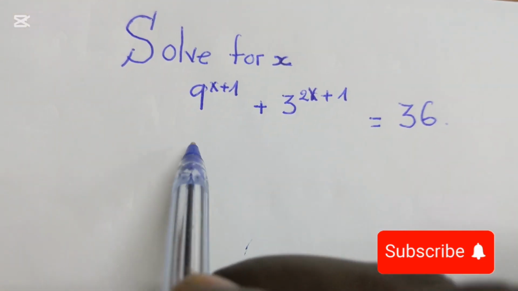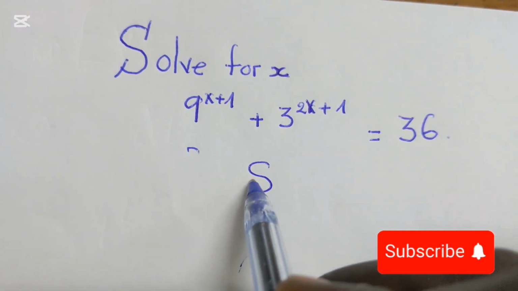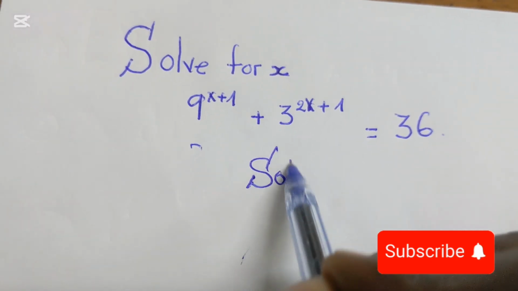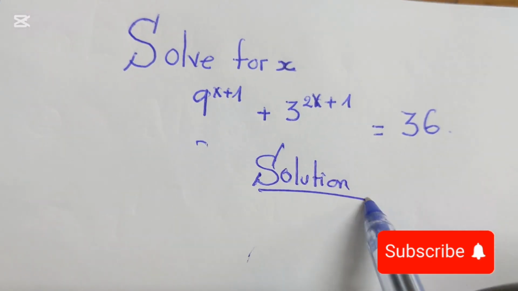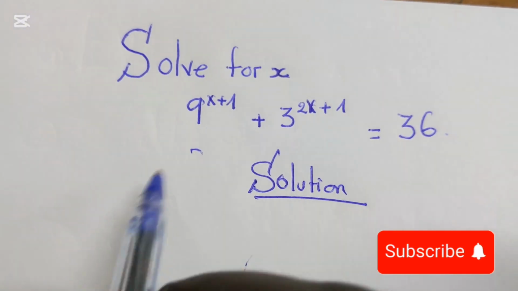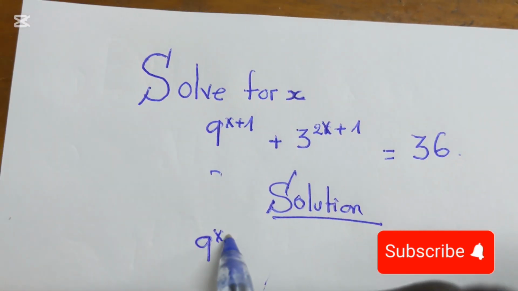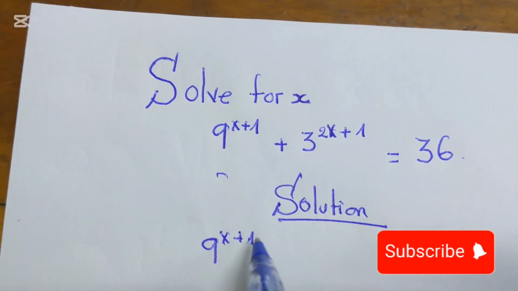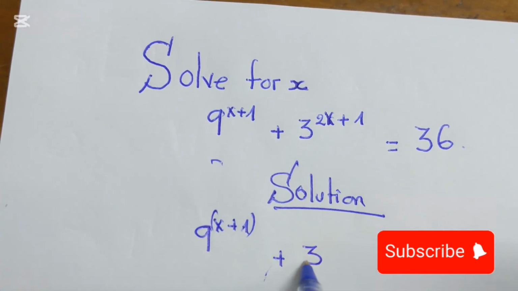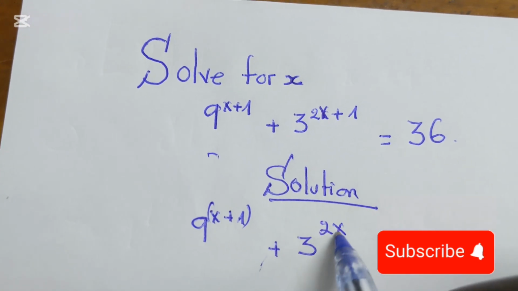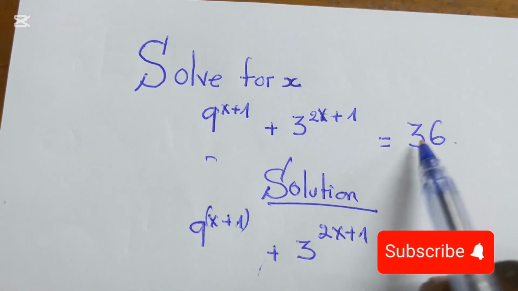Let's provide the solution very quickly. Now here we have 9 power x plus 1, then plus 3 power 2x plus 1, which is equal to 36.